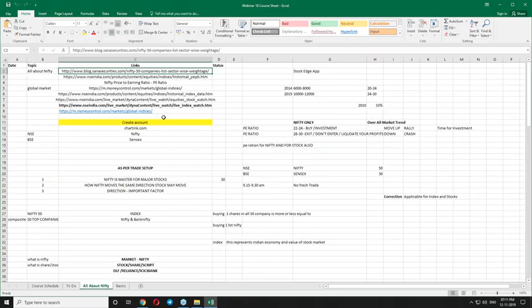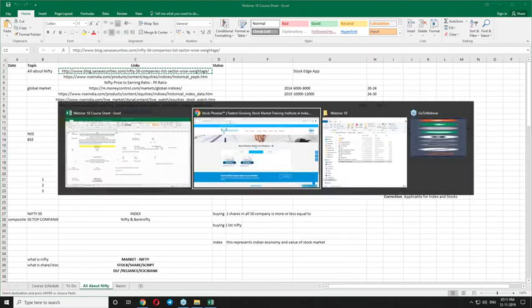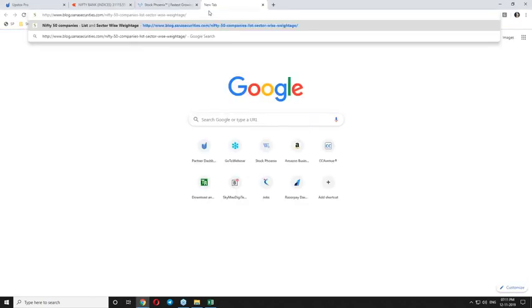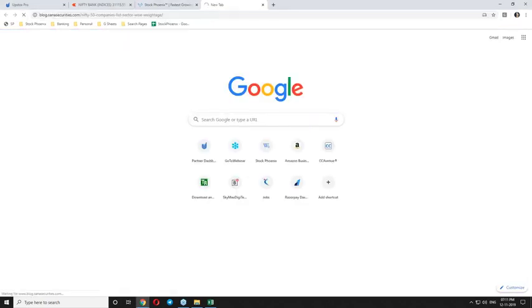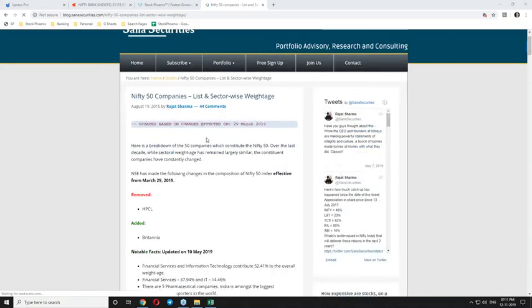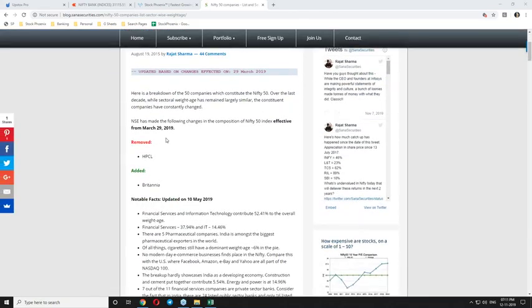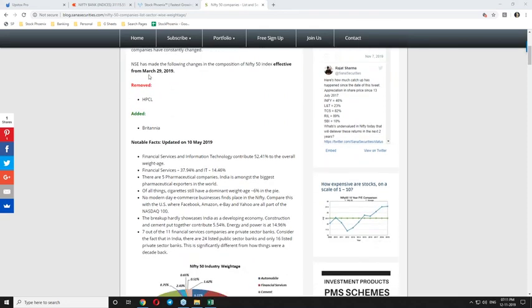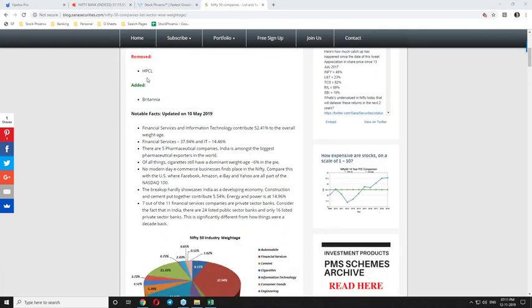Coming back, these are the small blogs where you can see the Nifty index, the components of the Nifty, which companies are there. You can see here the latest update as of March 29, 2019. HPCL, Hindustan Petroleum, has been removed from the Nifty and Britannia has been added.